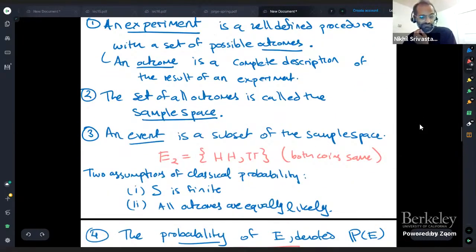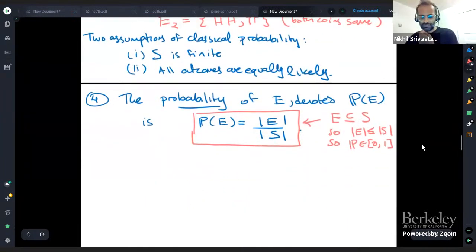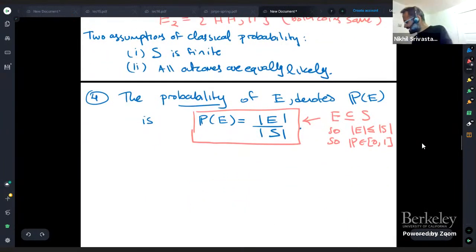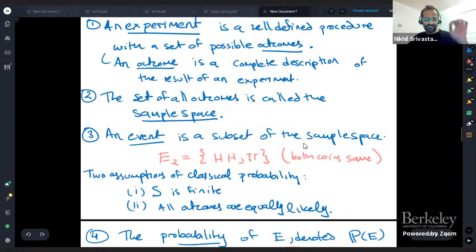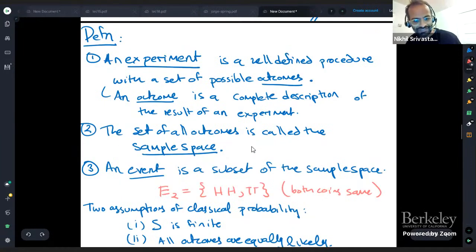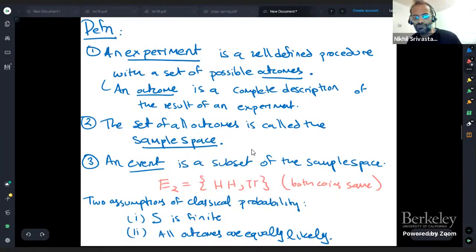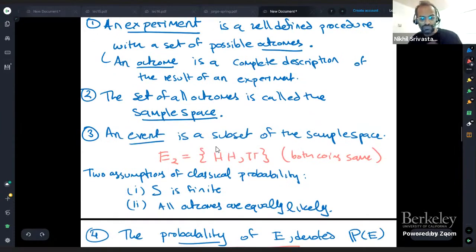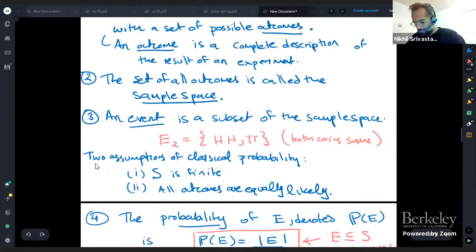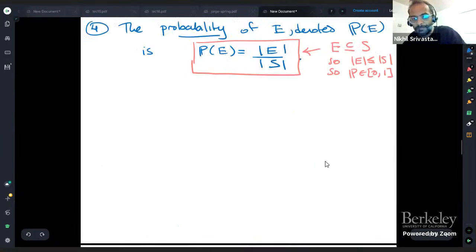They're kind of boring. There's not really a new concept here. But let's do a few examples just to make sure we understand how to set up the experiment, the sample space, and the event for different problems. These are the concepts. This is the framework we're going to use. Any questions before we move on?